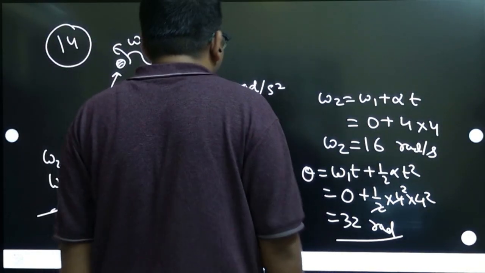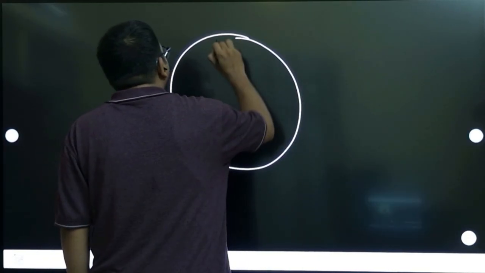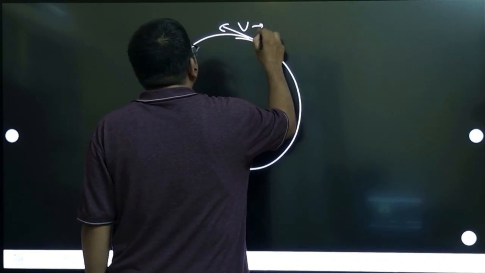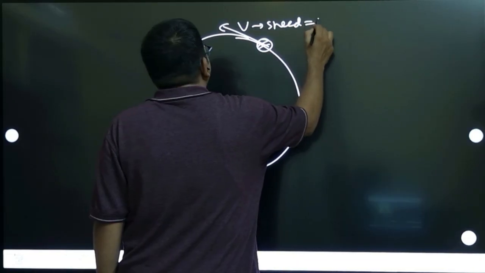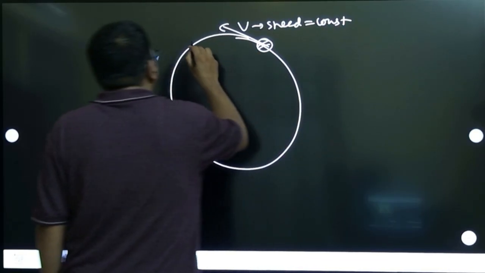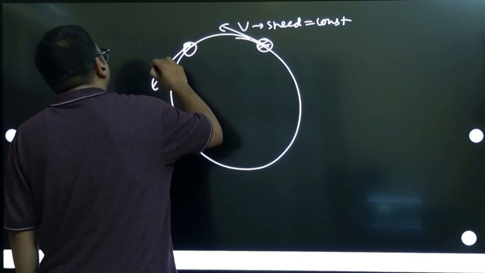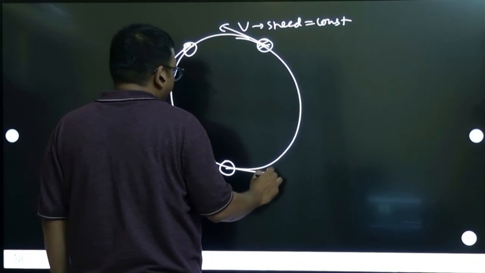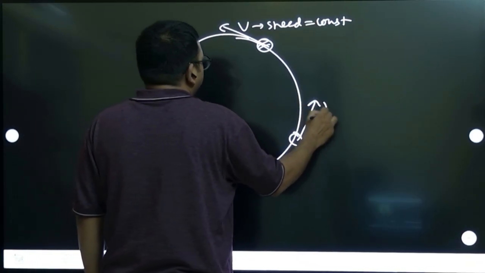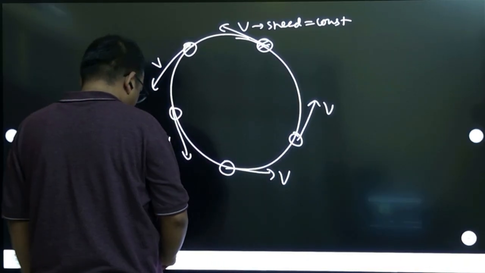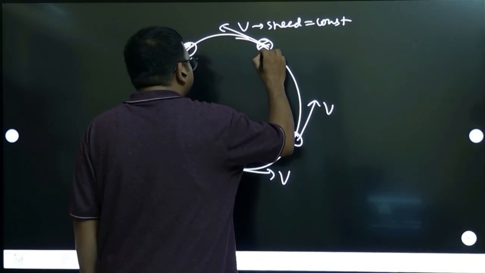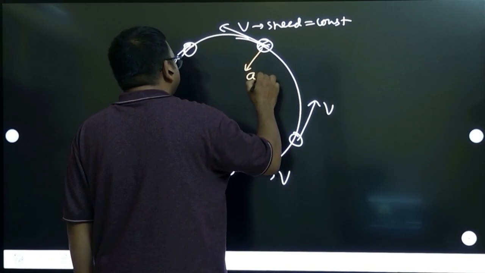See, first of all, in uniform circular motion, speed is constant. Remember, v is speed here. Speed is constant. But see the direction. The velocity is not the same because its direction is continuously changing. So there is a centripetal acceleration only, but at this point it will be in this direction.